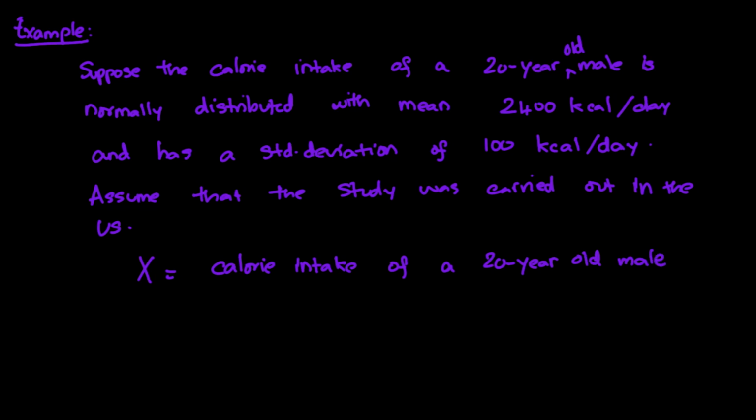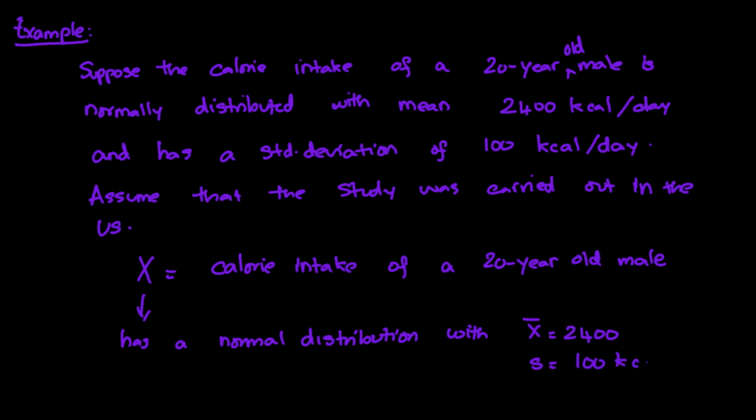And we know that this random variable x has a normal distribution, and we know its parameters with x bar equals 2,400 kilocalories per day and s is 100 kilocalories per day.